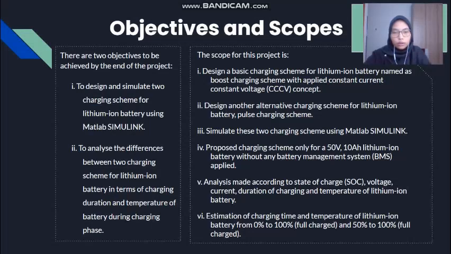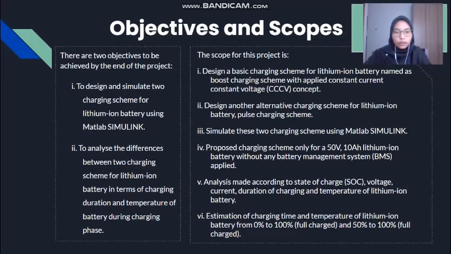Number 4, the proposed charging scheme is only for a 50-volt 10 Ah lithium-ion battery without any battery management system, BMS, applied. Analysis is made according to SOC, voltage, current, duration of charging, and temperature of the lithium-ion battery.